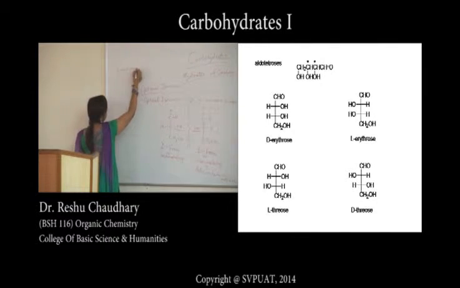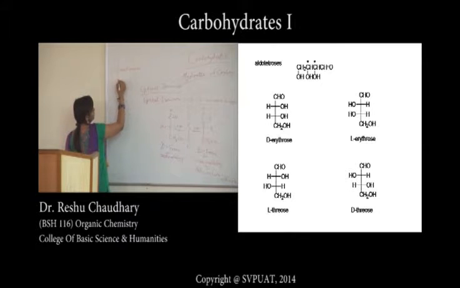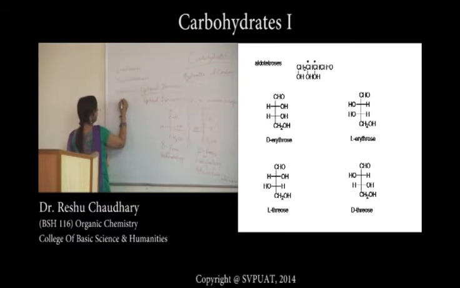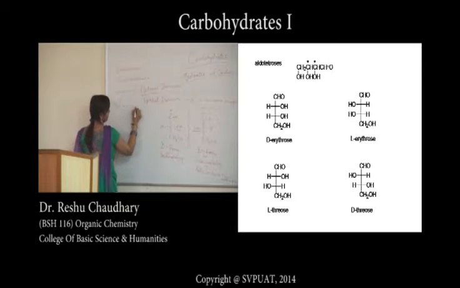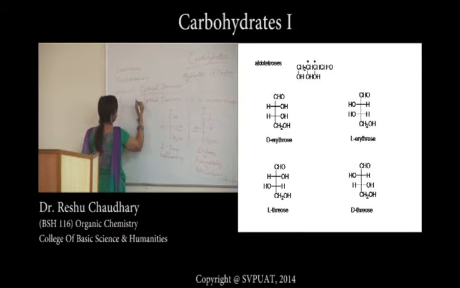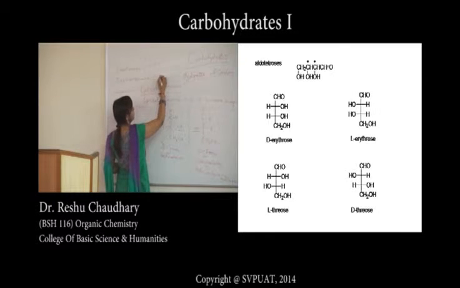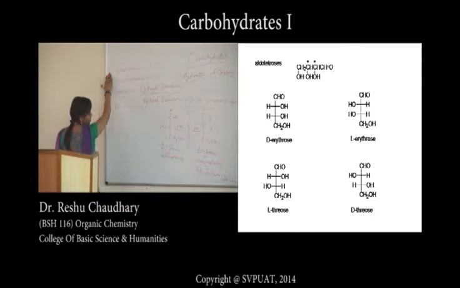One term is enantiomers, and one more term is diastereomers, diastereoisomers, anomers, which are not mirror images. These are different D and L forms. These are different conformations.